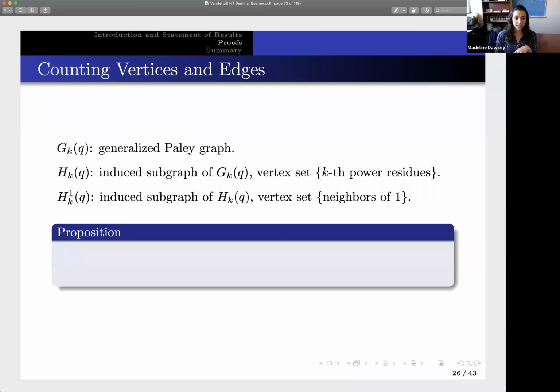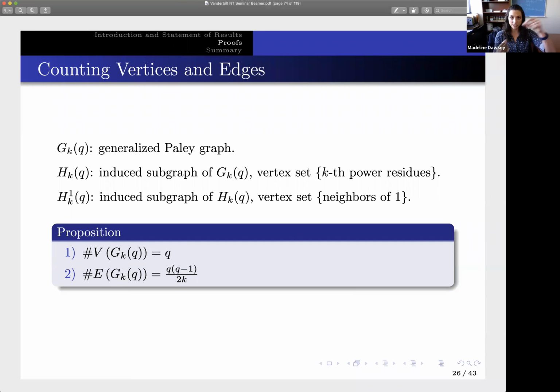So this proposition is going to have 6 parts. We're going to count the vertices and the edges of all 3 of these graphs, and this is going to be essential to our proof. So first, gk of q. Well, the vertex set is Fq, so there's q vertices. And the number of edges is like talking about how many differences of elements are kth powers, right?